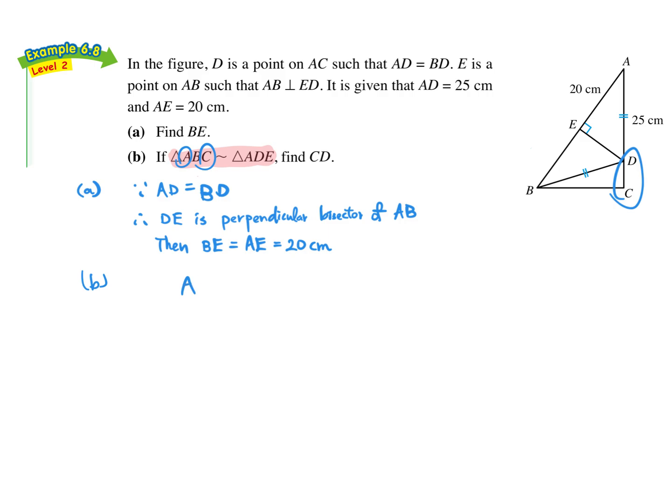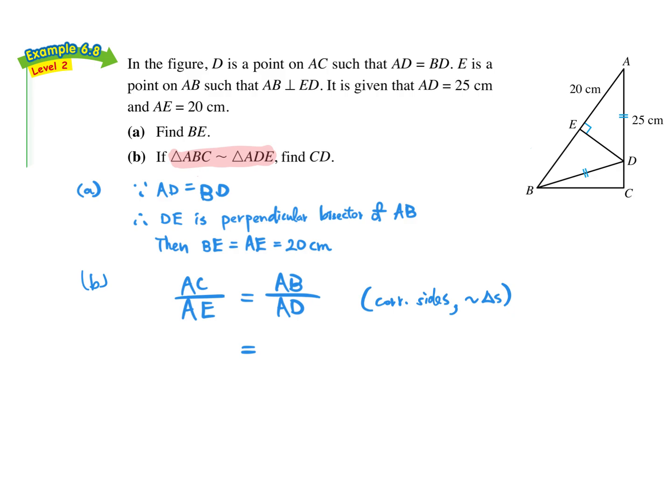Then the corresponding side of AC is AE. Then we find another side whose length we know. AB we know the length, so we use AB, and the corresponding side is AD. And here's the reason. Then we replace it by the length.